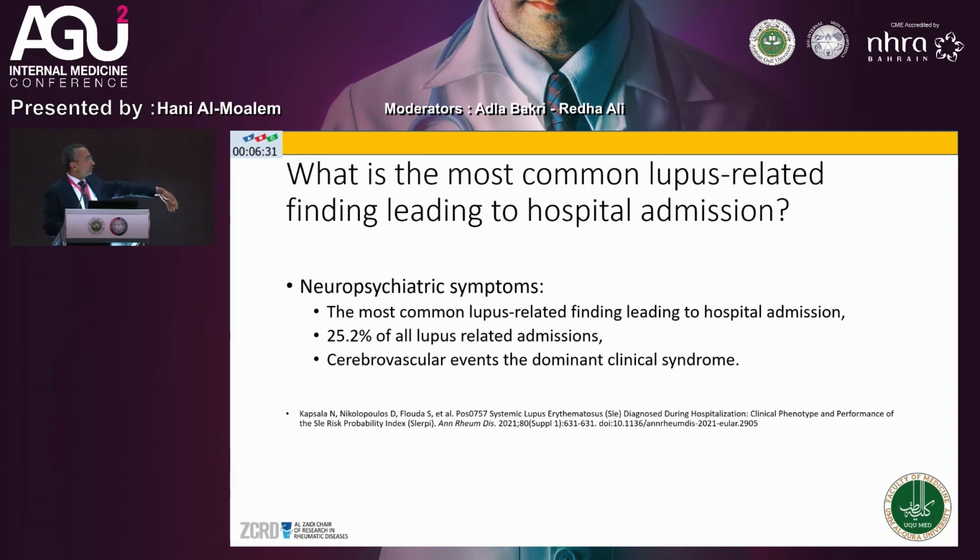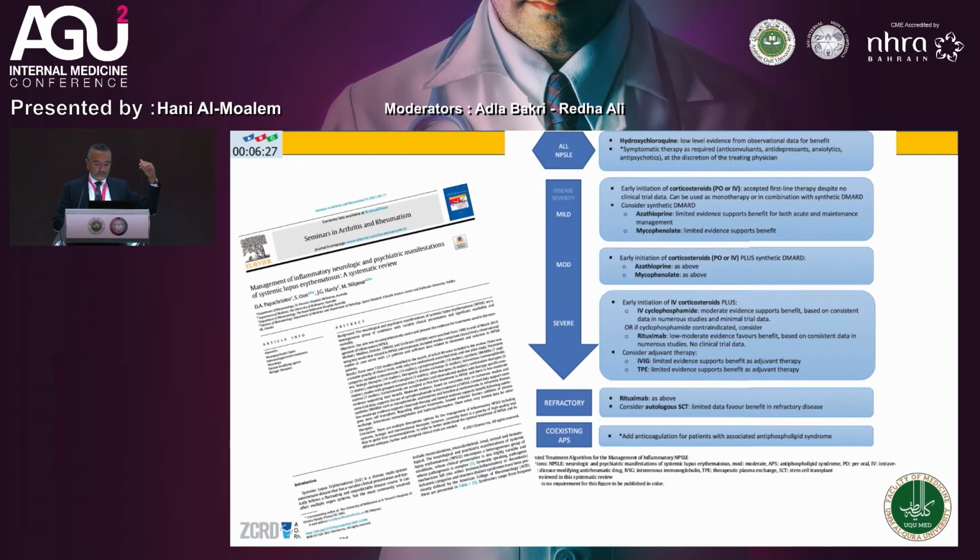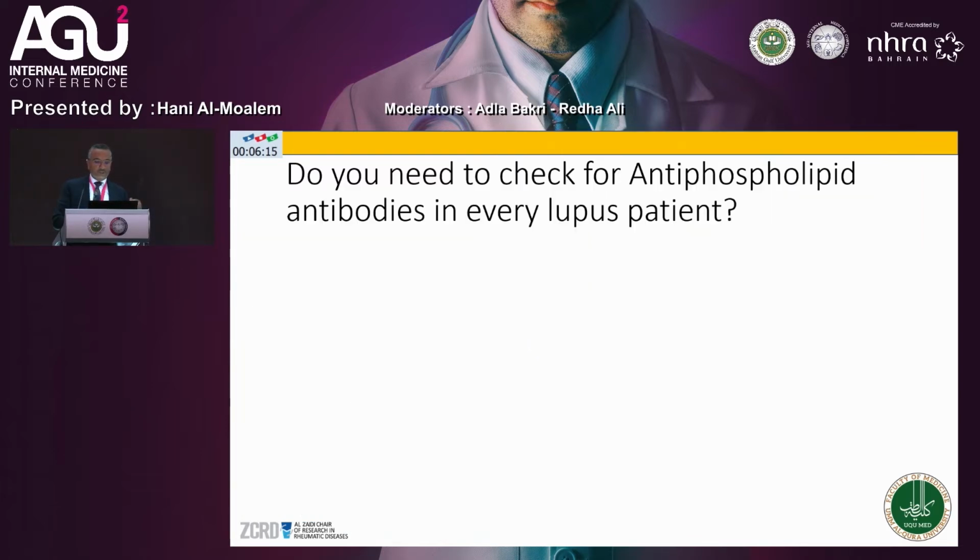And stroke is really common, since the previous talk was about multiple sclerosis and things like that. So this is an excellent reference. I will not talk about how to manage it, but there is a recent publication on the management of neuropsychiatric lupus. The studies are really lacking in this area.